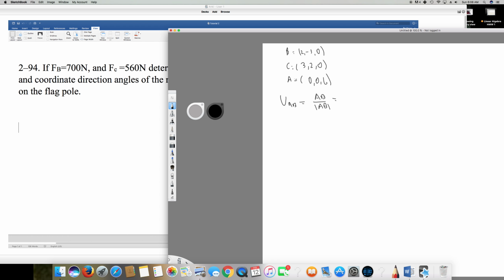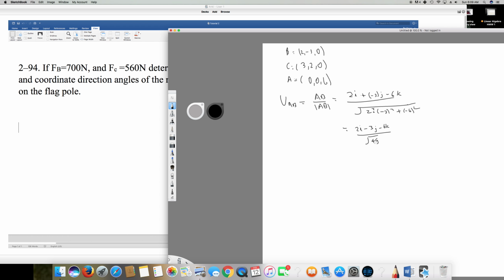AB is B minus A. So in this case, 2 minus 0 is 2i, minus 3 minus 0 is minus 3j, and 0 minus 6 is minus 6k, over the square root of 2 squared plus (-3) squared plus (-6) squared. Which gives 2i minus 3j minus 6k over the square root of 4 plus 9 is 13, plus 36 is 49.